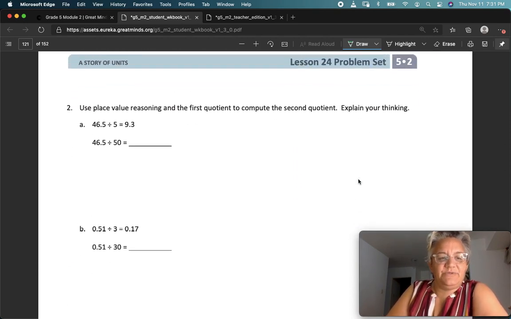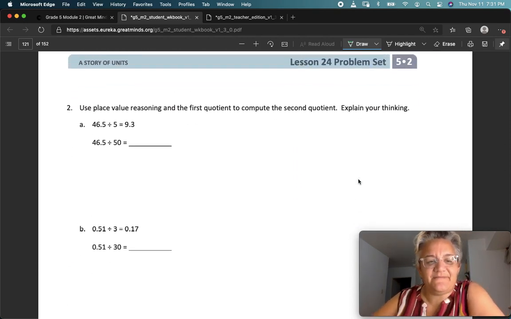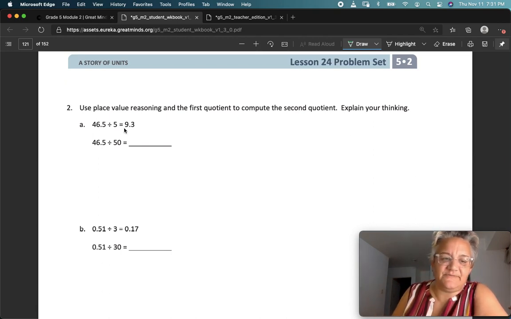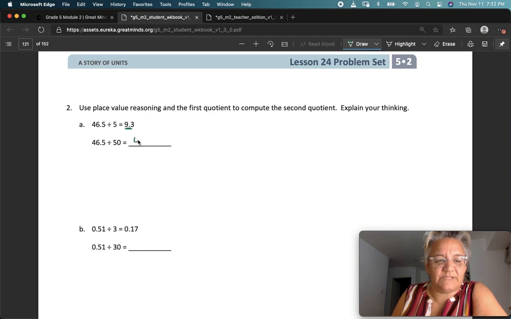Number 10, use place value reasoning and the first quotient to compute the second quotient. So here's the first quotient. And we're going to use that first quotient to explain what's happening in the second quotient. So here, just like we did up above, I'm going to split this into a 5 and a 10, right?